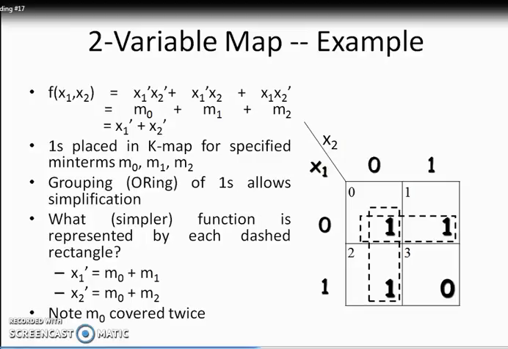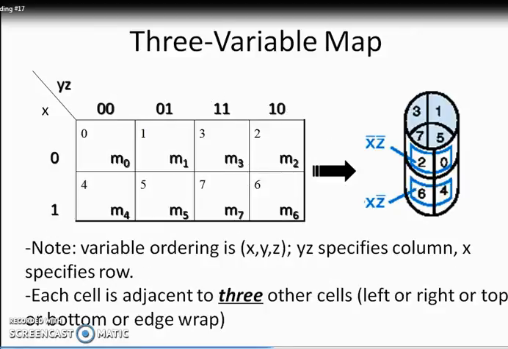For the second group, there is x2, which has value 0. We are getting m0 plus m2. See here, the top m0 is covered twice, in both the terms.